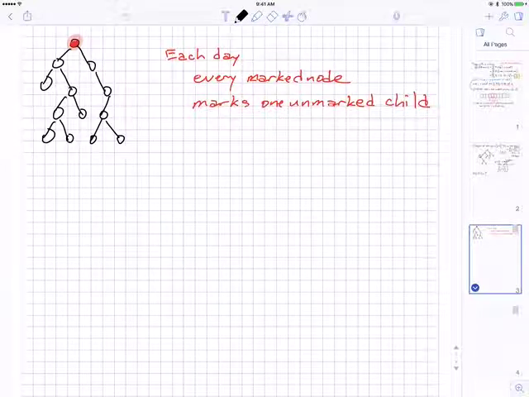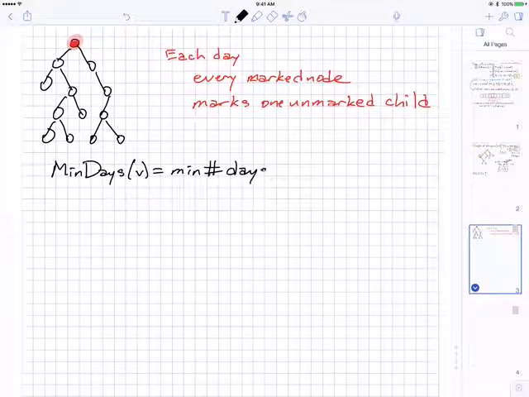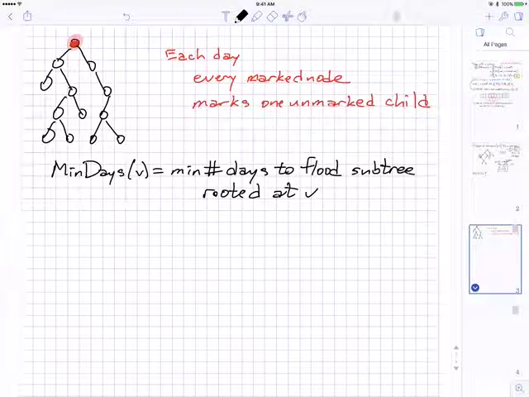Okay, so let me write minimum days of V. This is the minimum number of days to, let's call it, flood the subtree rooted at V, where I assume at the beginning of day one, V is marked and none of the proper descendants of V is marked.